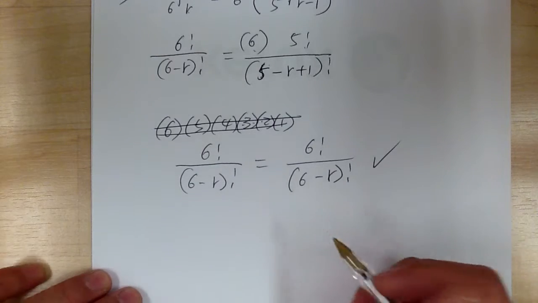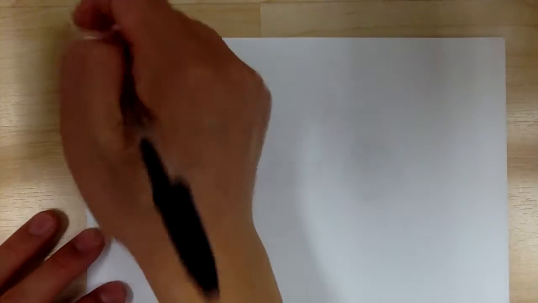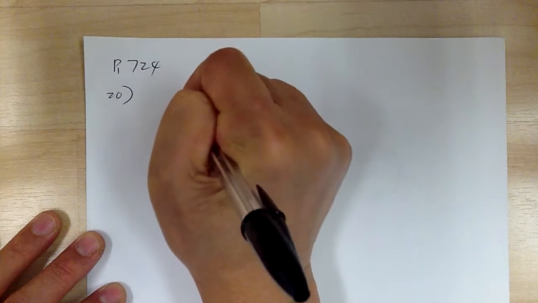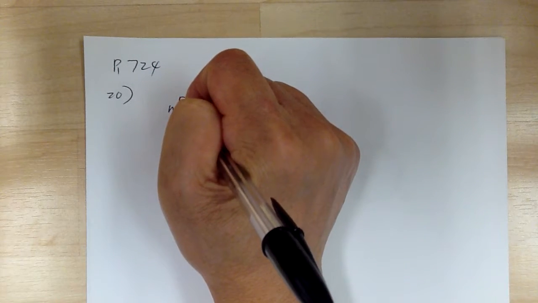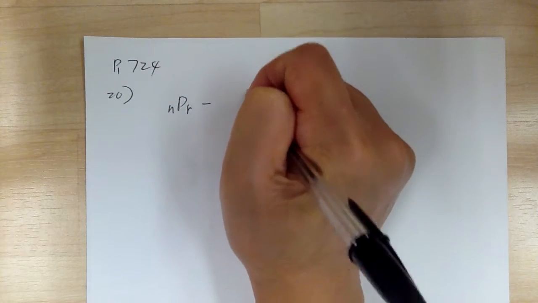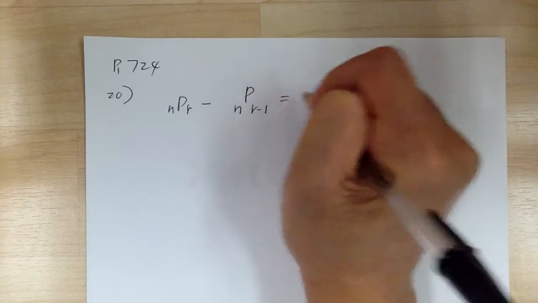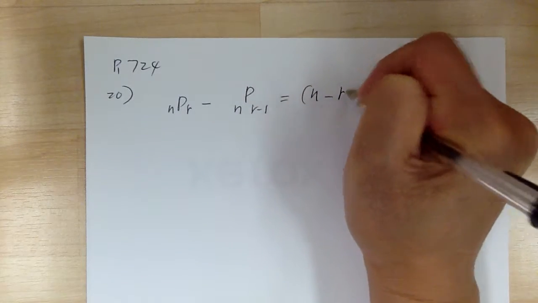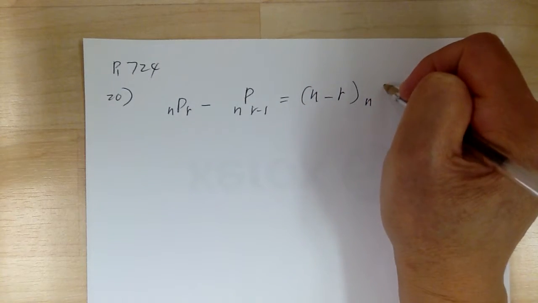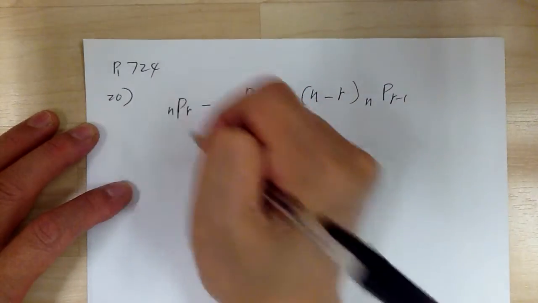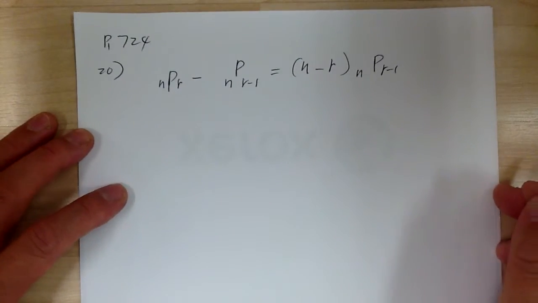Let's go to number 20. You want to show that NPR minus NPR minus 1 is equal to (N minus R) times NPR minus 1. Again, what you need to do is apply the definition of the permutation.